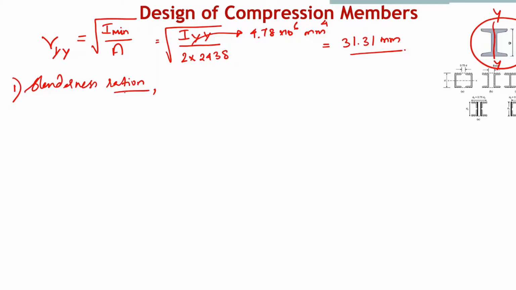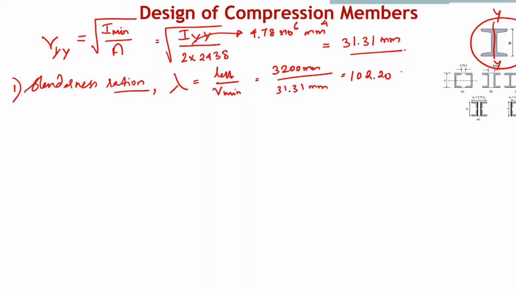Now I am performing the check for the compression member because I have selected a section. I need to make sure whether my selected section is safe enough to carry the applied factored load or not. So the slenderness ratio lambda is equal to L effective by r minimum. The effective length of the given section is 3200 mm upon r minimum, 31.31 mm. The slenderness ratio is unitless, and here it is 102.20.